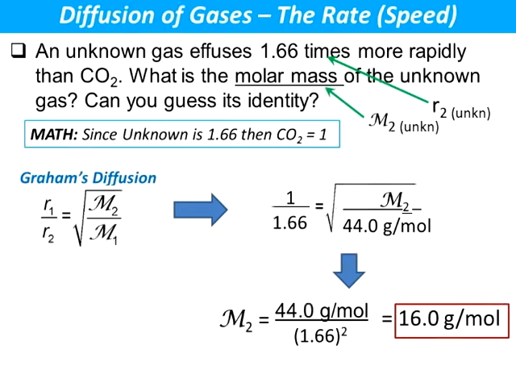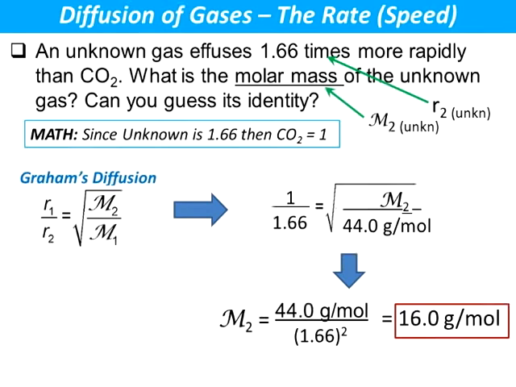And note here, they're unitless, and that's okay because they will actually cancel out. But it is the ratio that is important. That ratio is equal to the square root of M2, our unknown molar mass, divided by the known molar mass of carbon dioxide of 44.0 gram per mole.